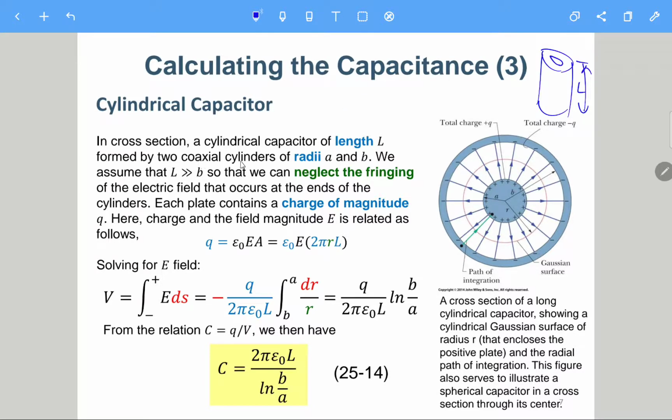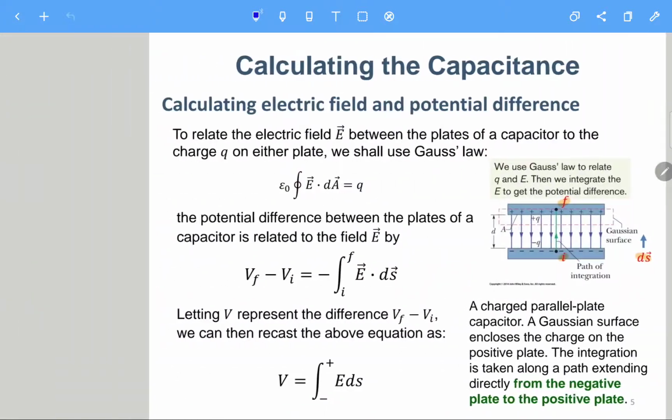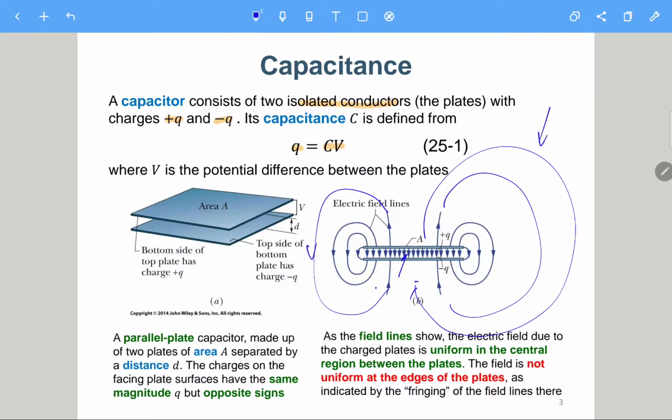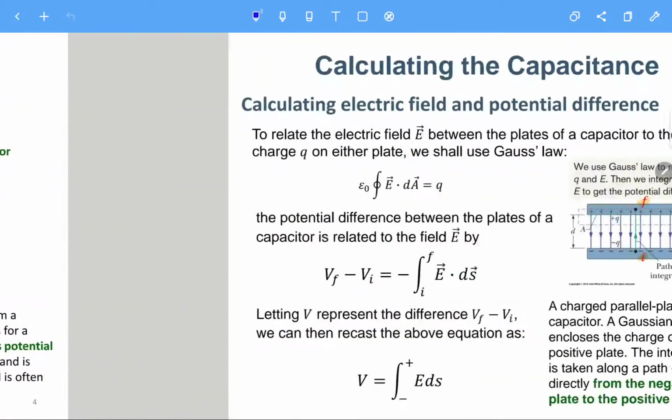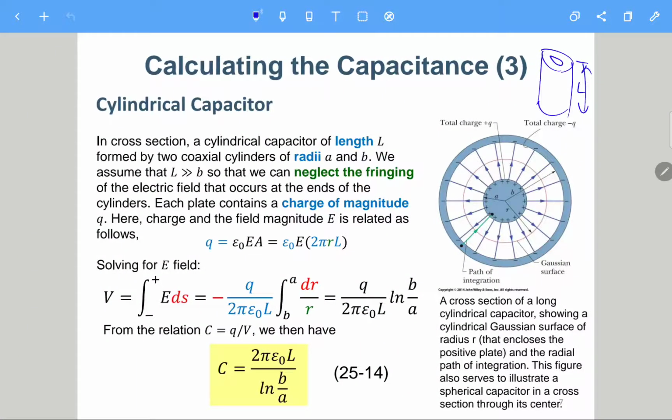It is formed by two coaxial cylinders of radii a and b. The shorter one is a, the longer one is b. We assume that L is much larger than b, so that we neglect the fringing of the electric field. The fringing means this type, which is not uniform and usually small, so we would neglect it. Here we assume L is much larger than b, so that the fringing effect will be negligible.